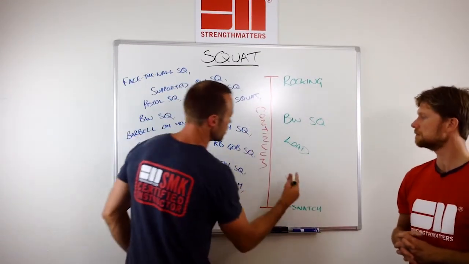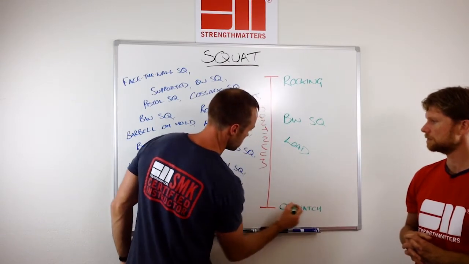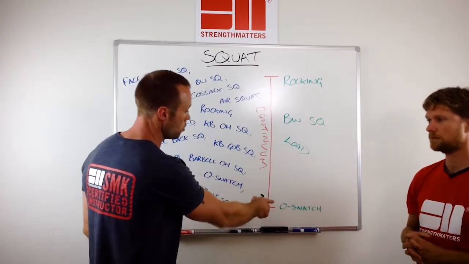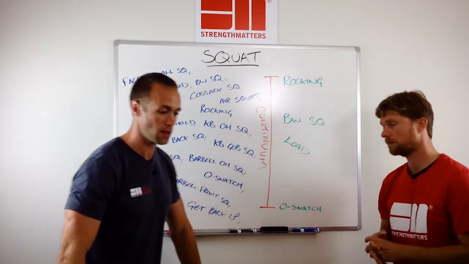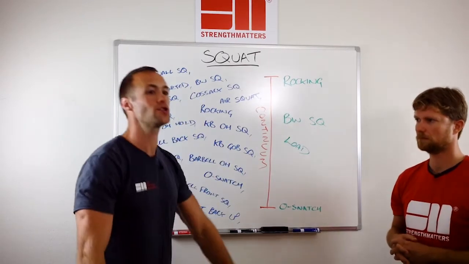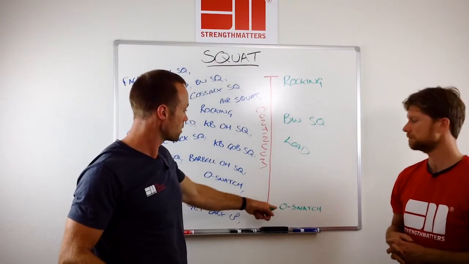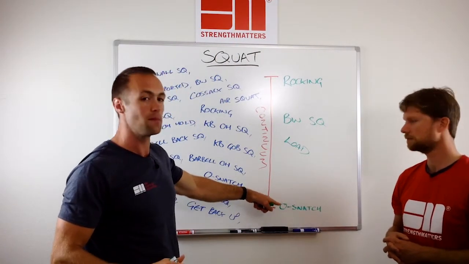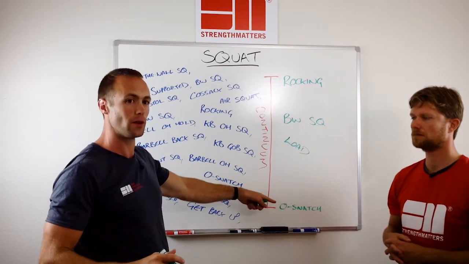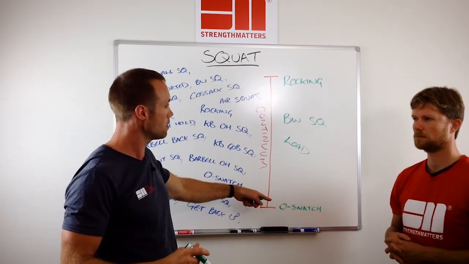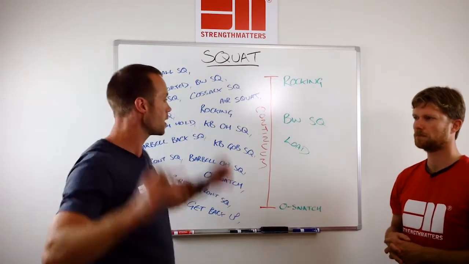Further down the line, you've got adding speed. So that O stands for Olympic. You've got the Olympic snatch, which is an explosive hinge, bang, followed by an overhead squat. That's probably the most advanced thing that you can do involving the squat pattern, because you've got load above your head.